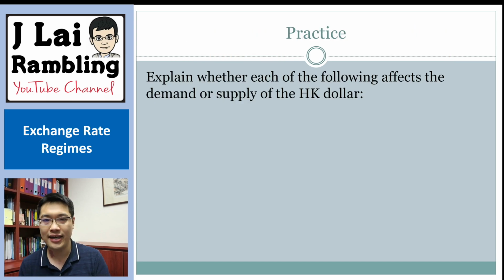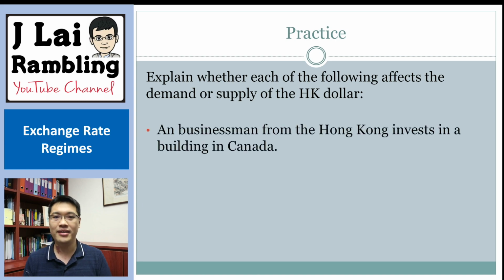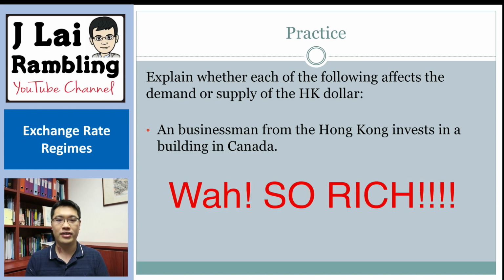Now, let's do some exercise. Explain whether each of the following affects the demand or supply of the Hong Kong dollar. Businessmen in Hong Kong invest in a building in Canada.